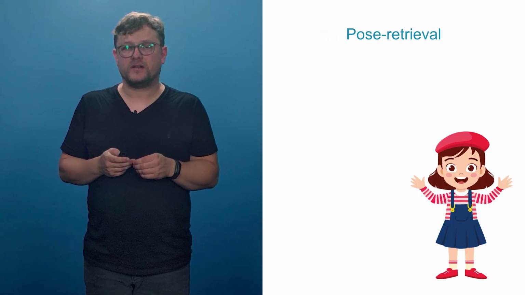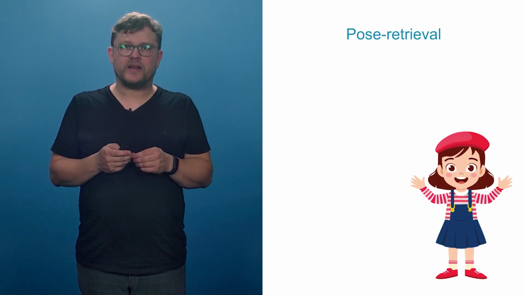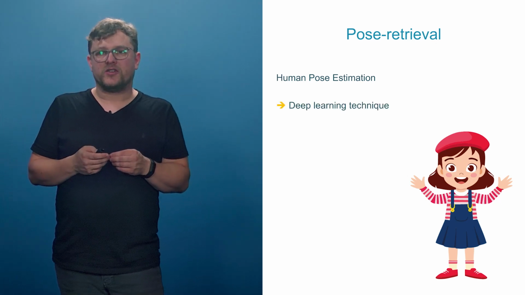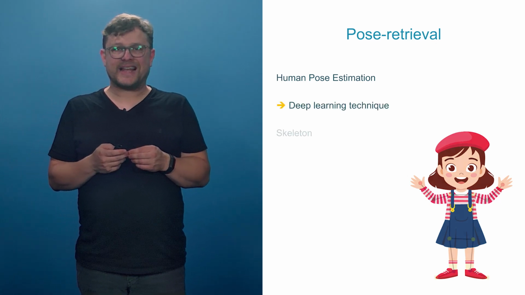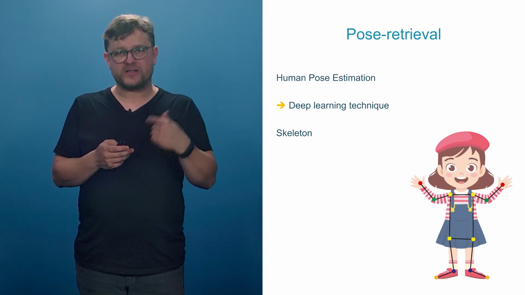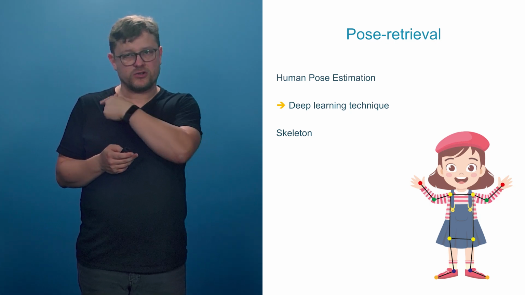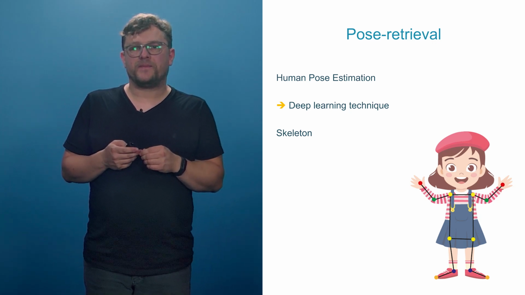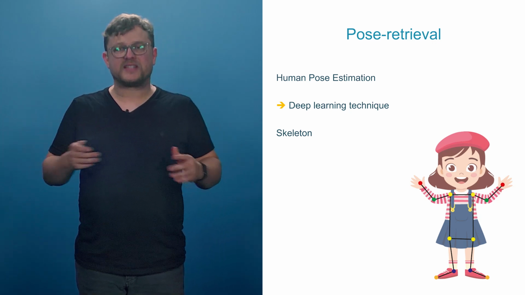You could call this pose retrieval. How does it work? Well, in human pose estimation, that's again a deep learning technique, the model tries to fit a skeleton to a depiction of a human. That means it tries to find the joints. It tries to find the shoulder, the hips, the feet, the hands. Fit them, and so you have a skeleton.